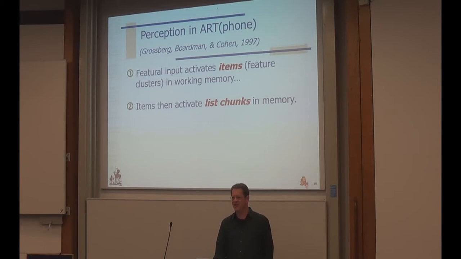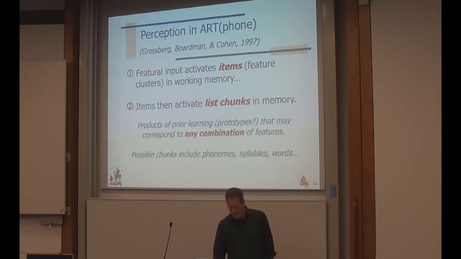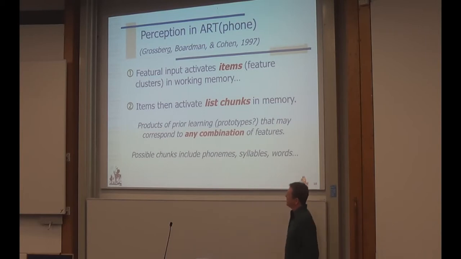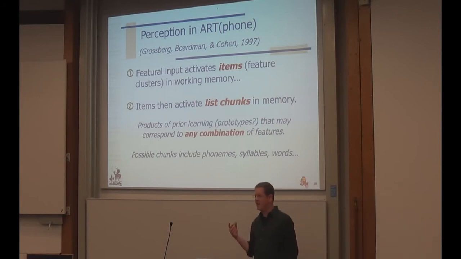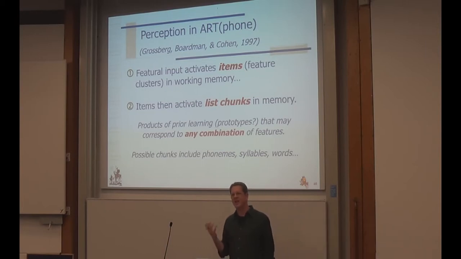List chunks are just stuff that you store in your life, like words. These can be any combination of things. They could be products of prior learning, such as prototypes. They can be words, but they could also be things like detailed traces. They could be voice-specific traces. If I've heard your voice a lot, I learn your voice, and I'm able to imitate you because I can call upon those products.